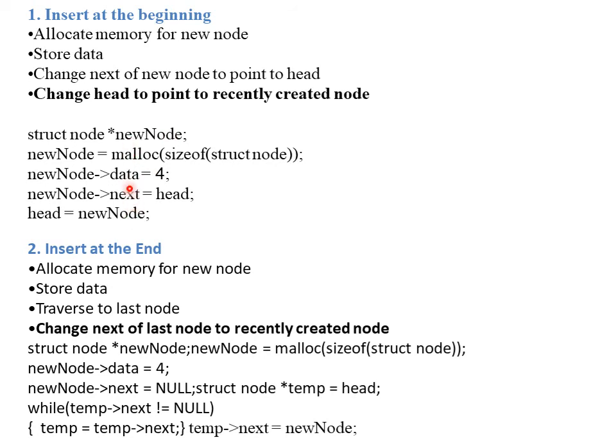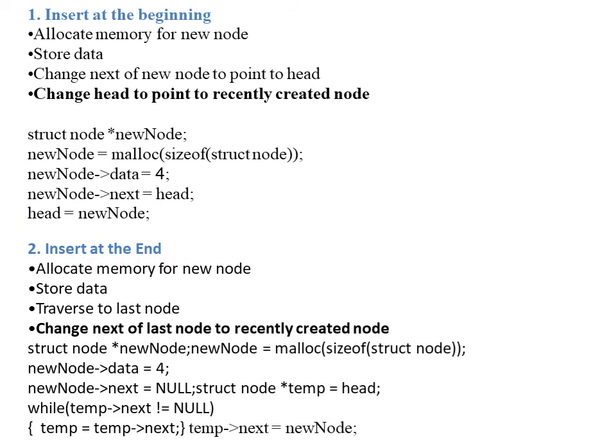Here you can see how it will work. I created a node and assigned memory. Next, for data I am inserting 4 as a value. Next I am connecting the address value. Next I am making that one the head. Now the head has become the new node.